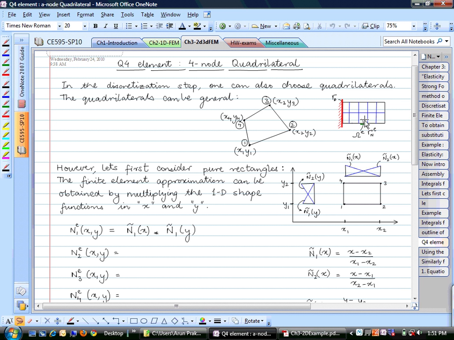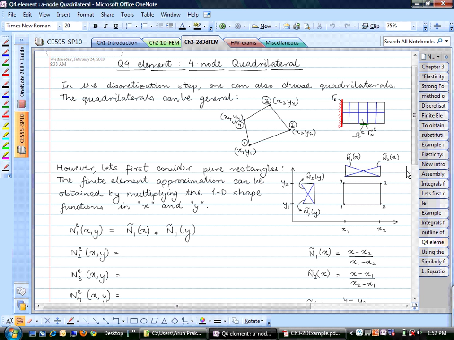So does anybody remember how we found the shape functions for the triangles? Let's say I have a domain. I go to a particular element. How do I find the shape functions for that triangle? Right.